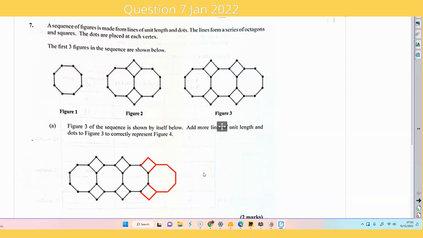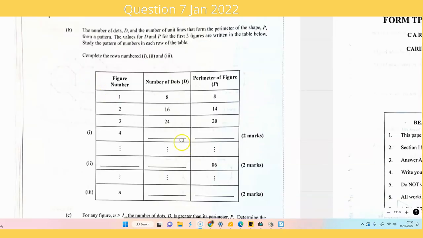Now let's move on to the next part, which is part B of the question. In part B, you are given a table. Let's read part B. The number of dots D and the number of unit lines that form the perimeter of the shape P form a pattern.